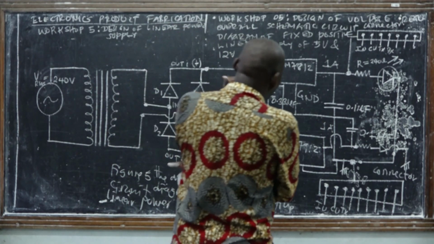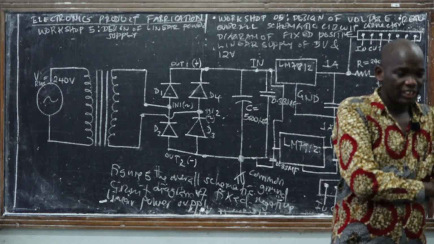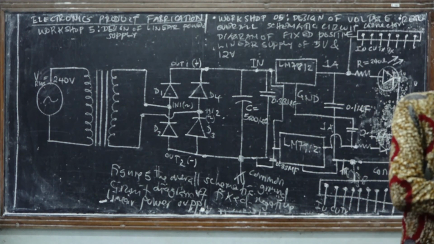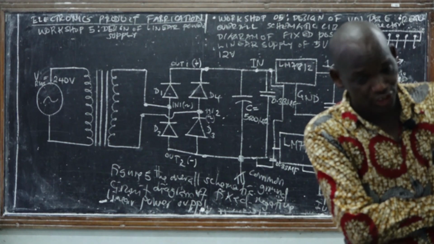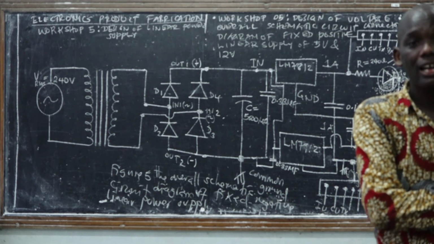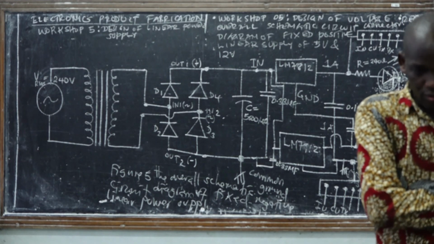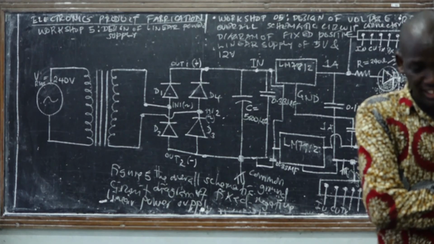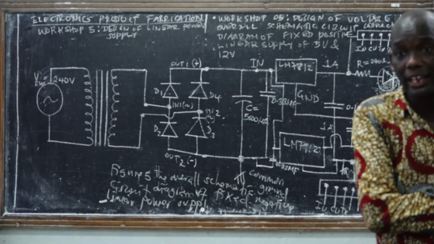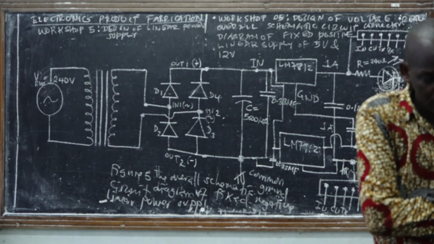Remember, each voltage regulator, whether you are using 2 or 3 or 4, needs the 2 ceramic capacitors connected in parallel. Are we together? So we cannot connect 2 voltage regulators in series to design a linear power supply. Forget about that. We connect them in what?